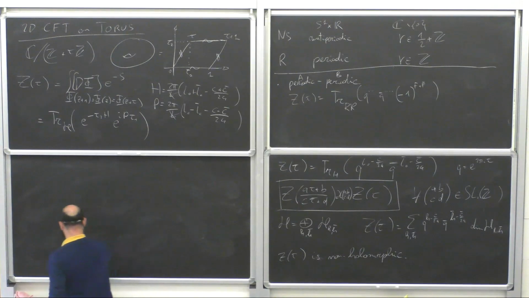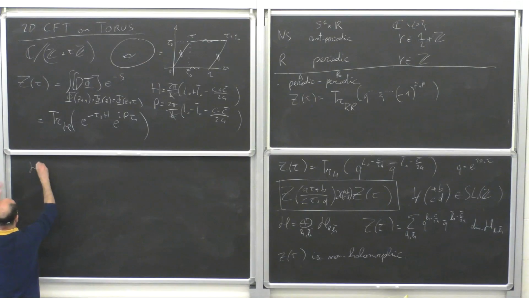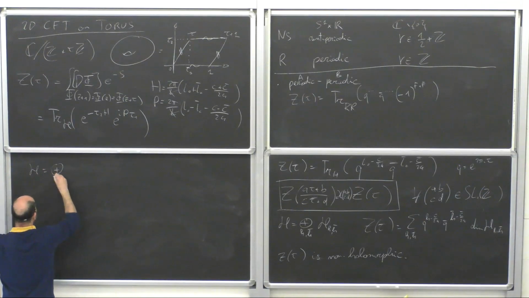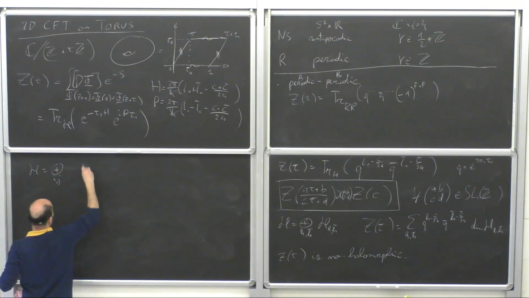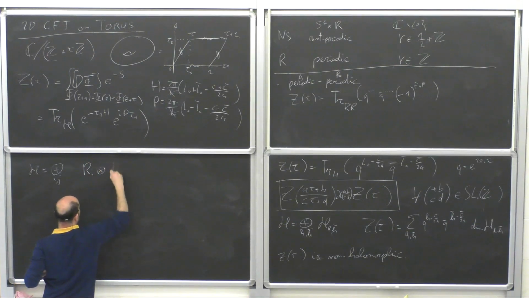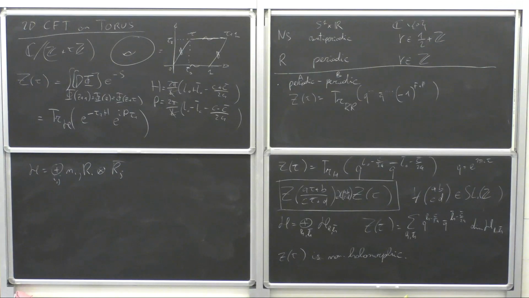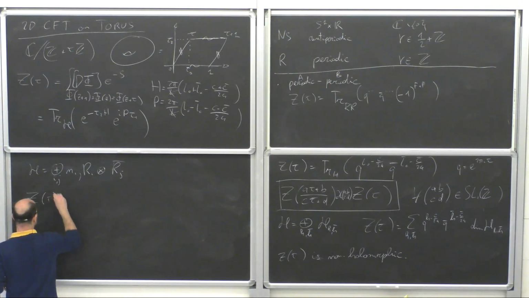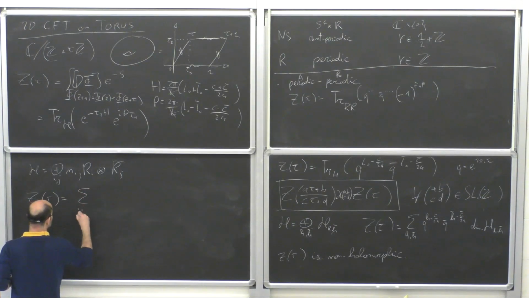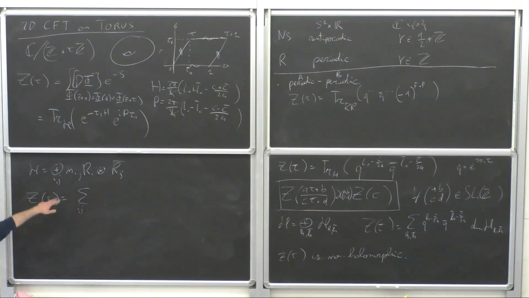So if you remember that your Hilbert space of states decomposes as a sum over representations of the chiral and anti-chiral algebra with some multiplicities, then you can decompose your trace in the same way to write your partition function.